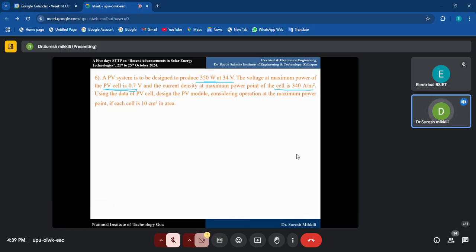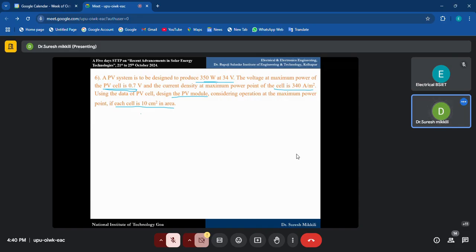VMP of one cell is 0.7 volts. The current density of one cell is 340 ampere per meter square. Using this data of the PV cell, we need to design a PV module, considering it is operating at maximum power point, if each cell is 10 centimeters square in area.